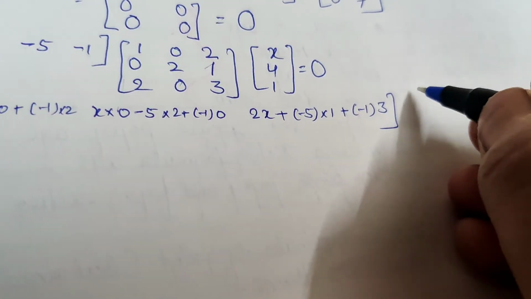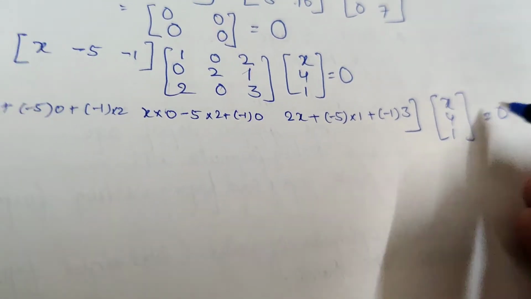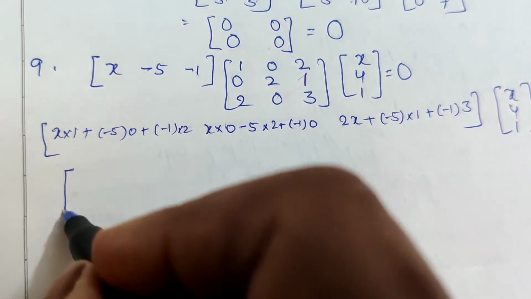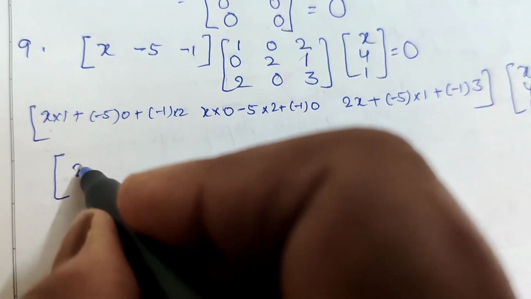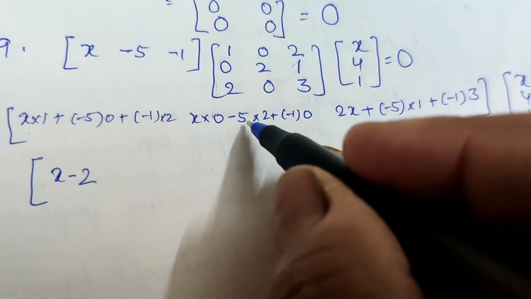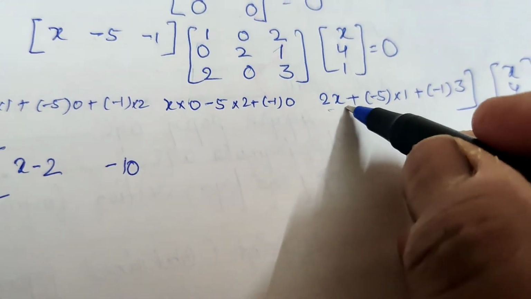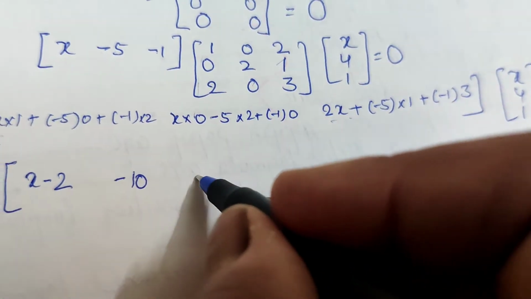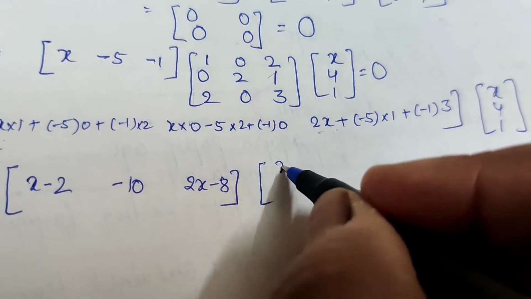This will be multiplied with x 4 1 in the other. So this is x minus 2 and this is equal to minus 10. And this one is 2x minus 8 multiplied to x 4 1.